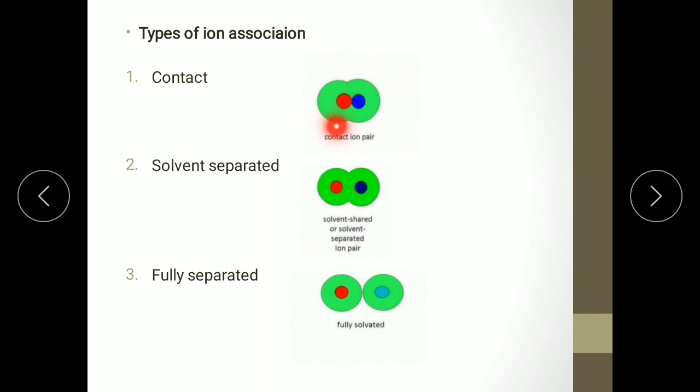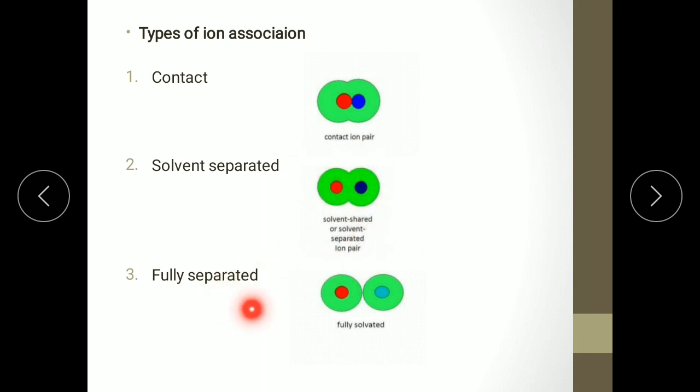Okay, in second, solvent separated, what happens? These ions are not in contact with each other, but they are separated with the solvent. So it is called solvent separated or solvent shared.